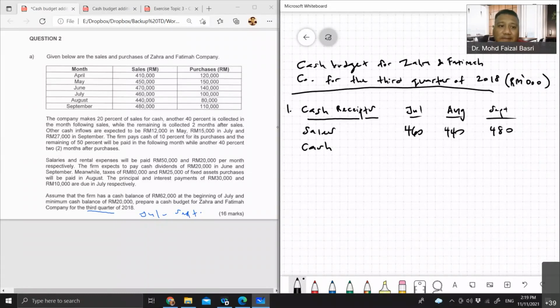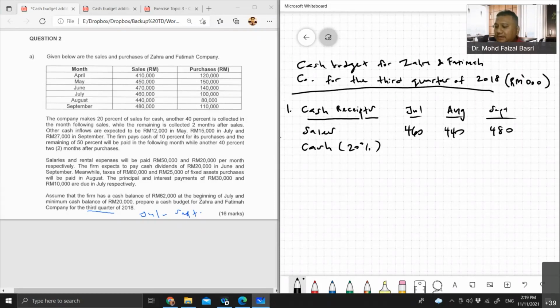So meaning how many percent? Cash is 20%. So I'm going to put 20% ratio here. So meaning for every month, 20% of their respective sales, they're going to receive within the same month by cash. Okay, so what you need to do, simply take every month's sales and multiply by 20% respectively and put the values in the respective month.